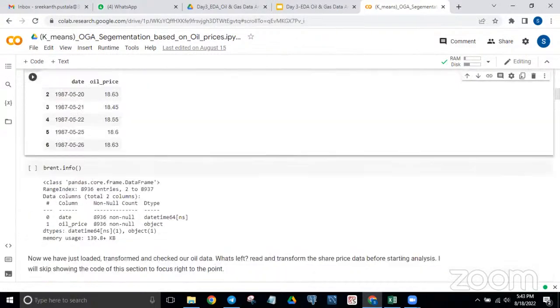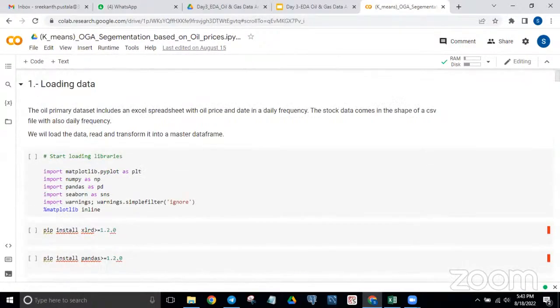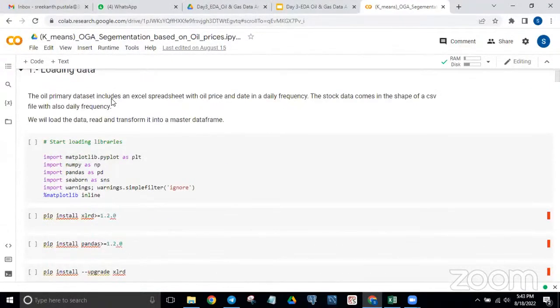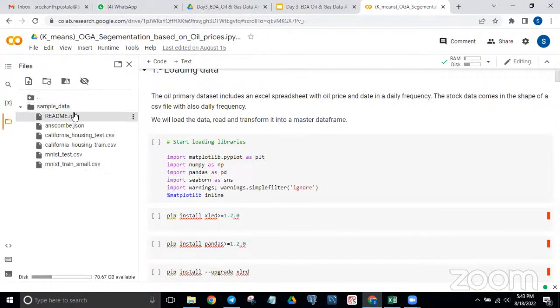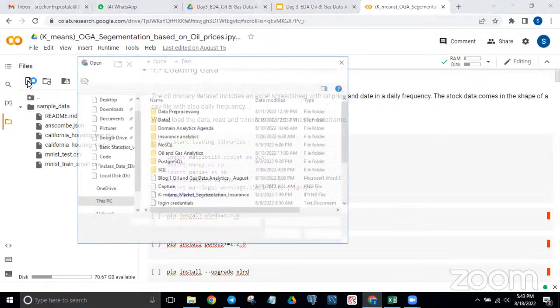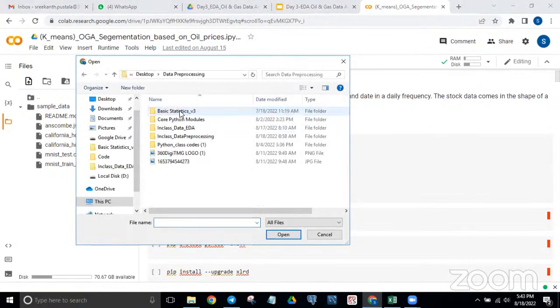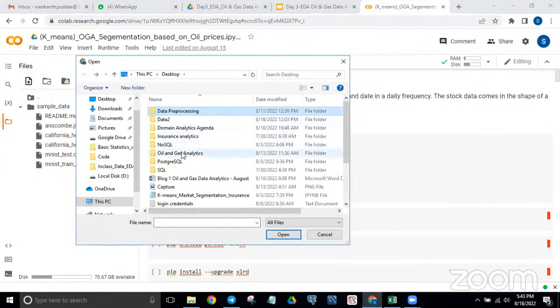Now I have a different data here. Let me upload the data. We have the data.